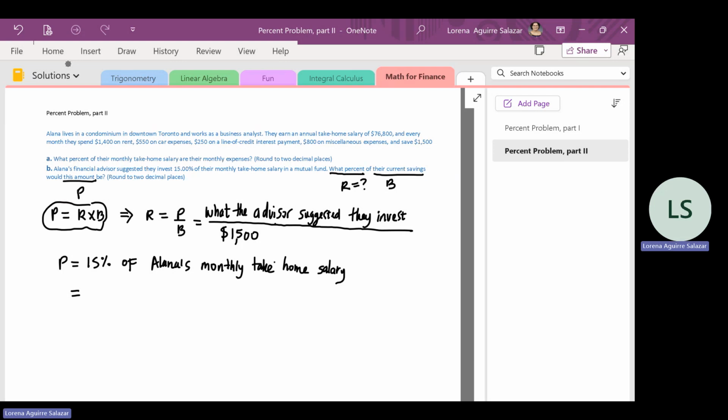So 15% gets multiplied by the monthly take-home salary, and that was $6,400.